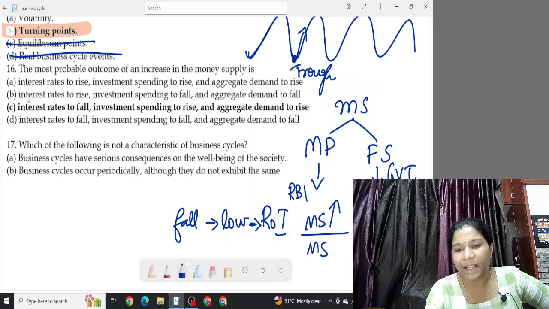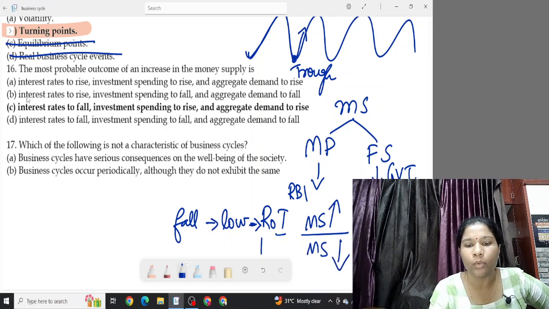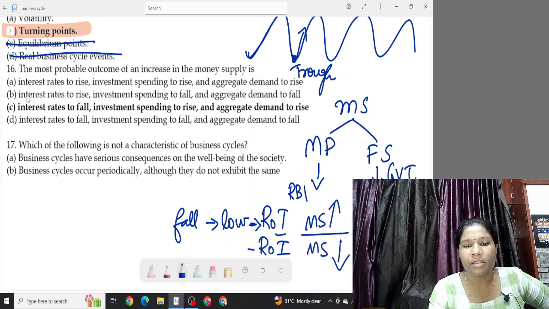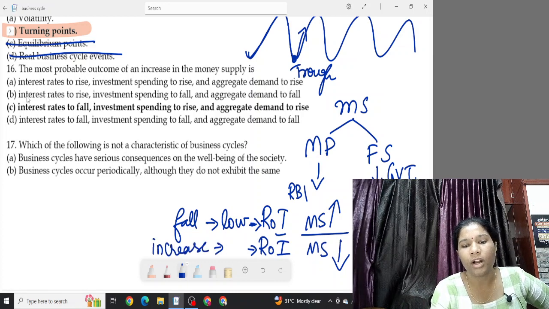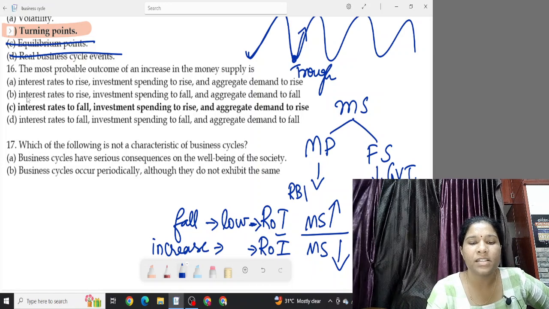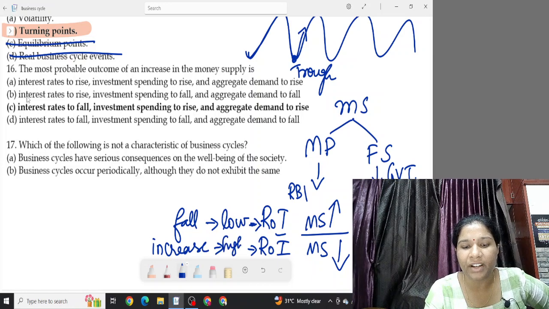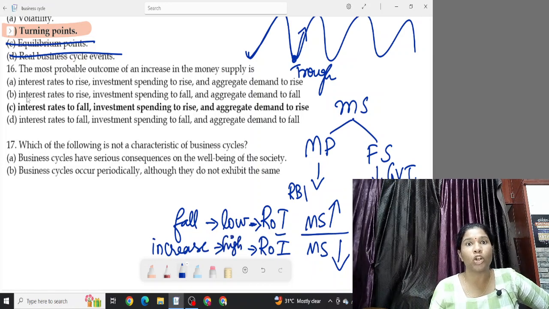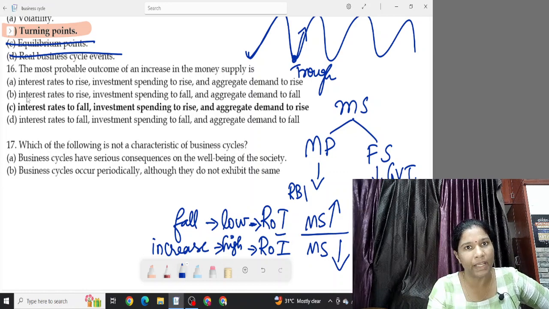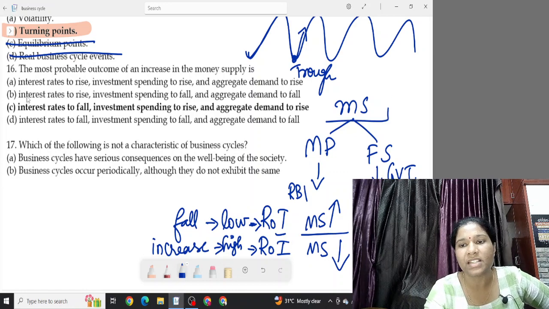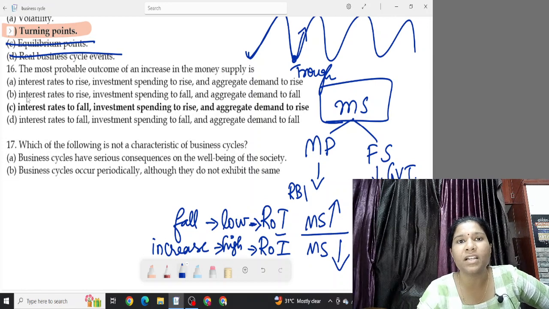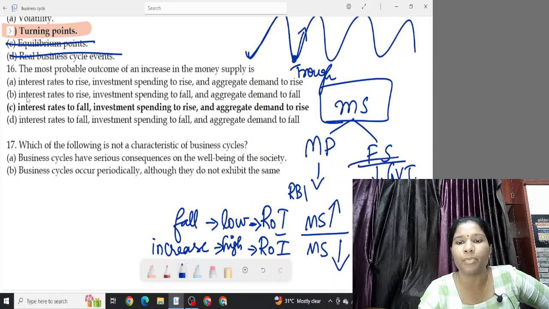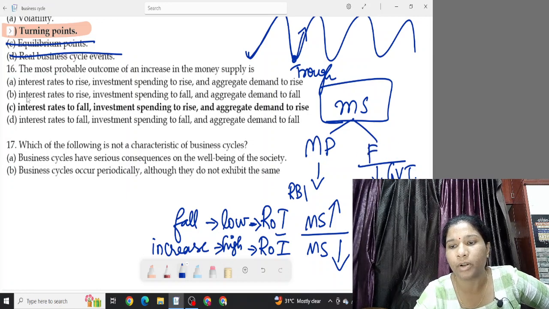And when money supply has to go down, the Reserve Bank of India will increase the rate of interest. So a high rate of interest leads to low money supply, and a low rate of interest leads to high money supply. This applies whenever a question is asked about money supply, or about monetary and fiscal policy.